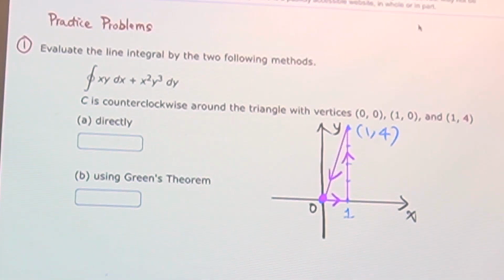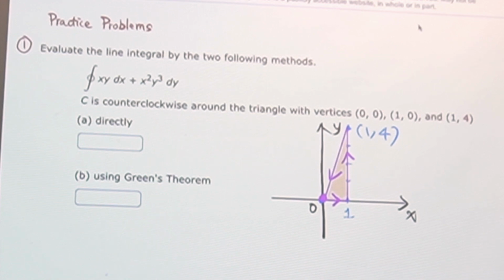So this is the boundary of the region D. Now, if I calculate this line integral directly, then we need to parameterize the three line segments. This one, and this one. It's like a good review for you.